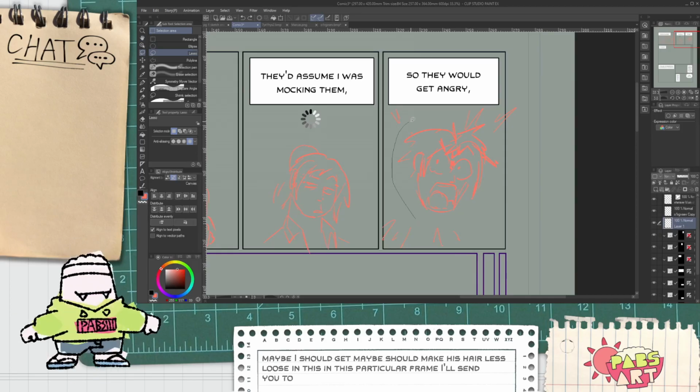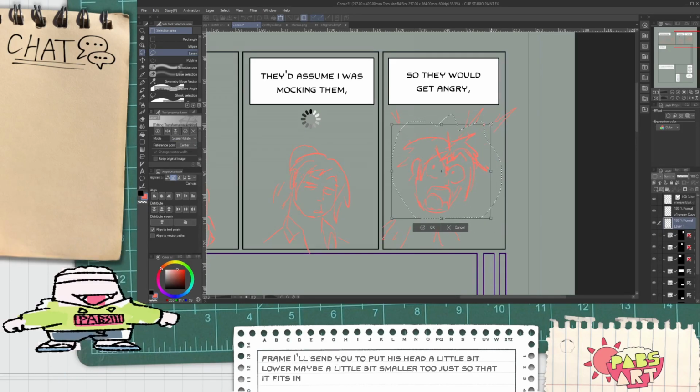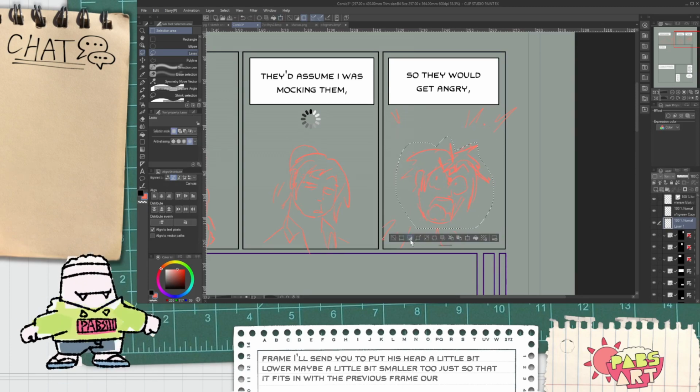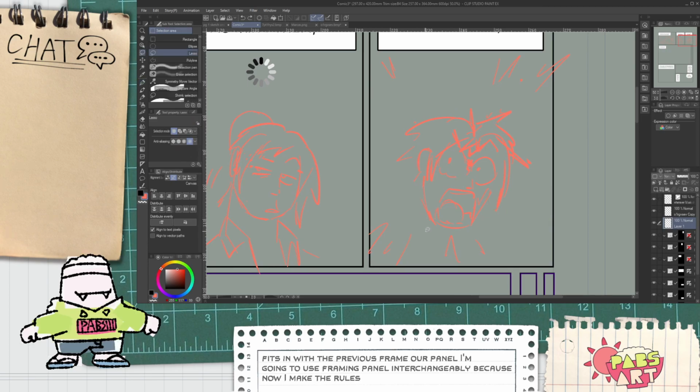Also, I need to put his head a little bit lower, and maybe a little bit smaller too, just so that it fits in with the previous frame or panel. I'm going to use frame and panel interchangeably because now I make the rules. Actually, hang on.